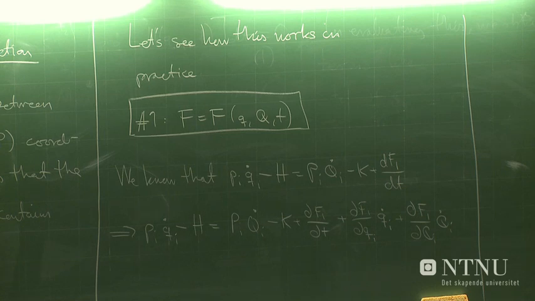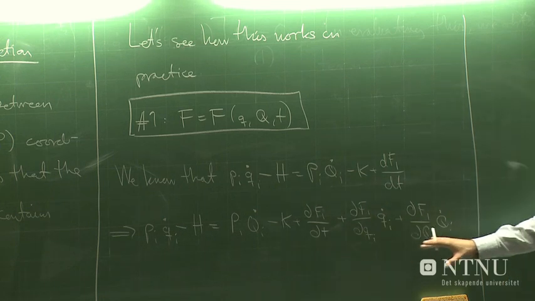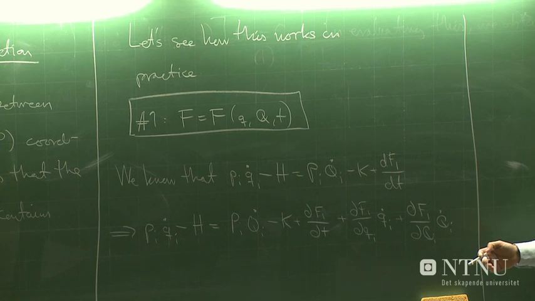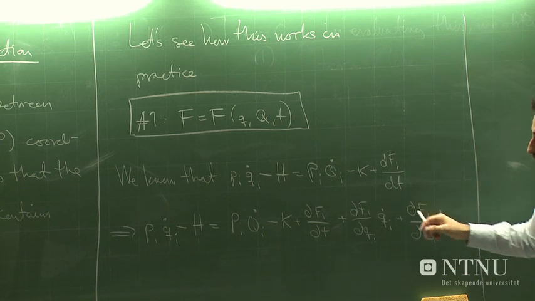So now the question is, what kind of requirement or condition does this impose on f? In other words, for this equation here to be satisfied, what can we conclude about these partial derivatives of f?